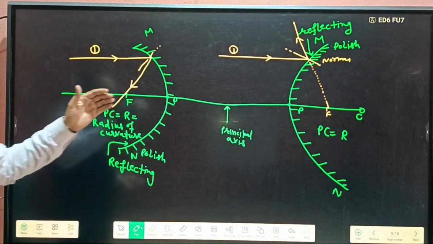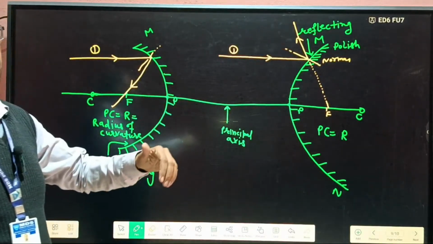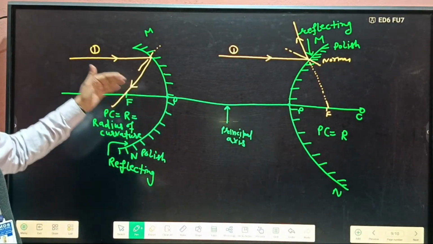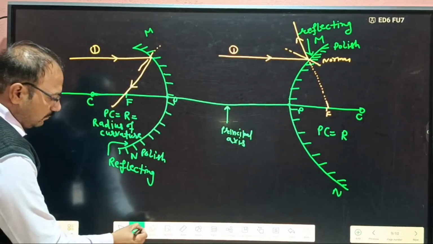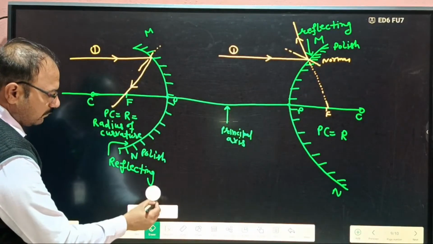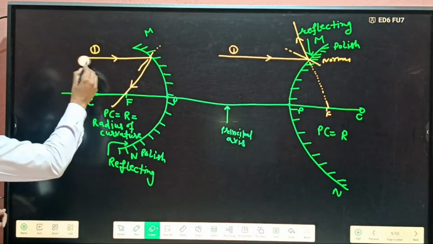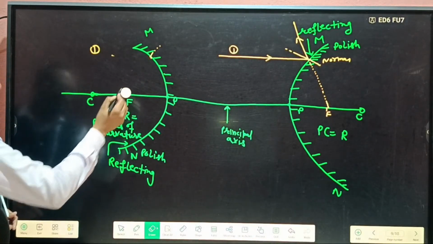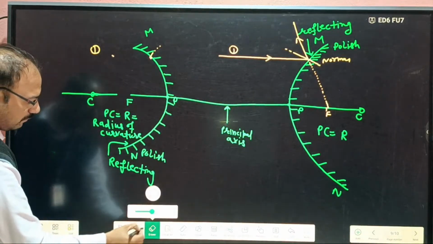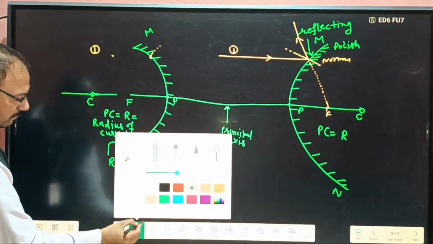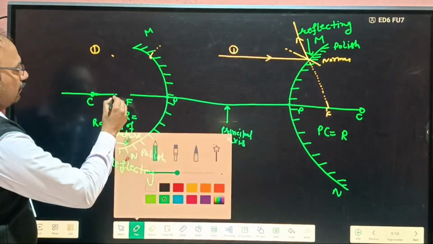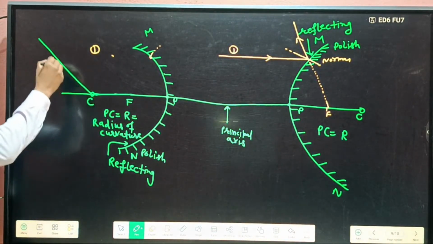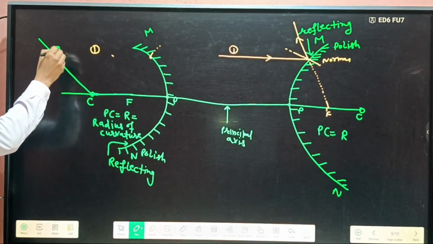In the second, when a ray of light comes in the direction of C, it passes straight. For example, a ray of light comes in the direction of C. So this is the second rule.